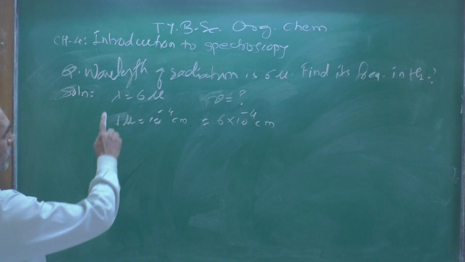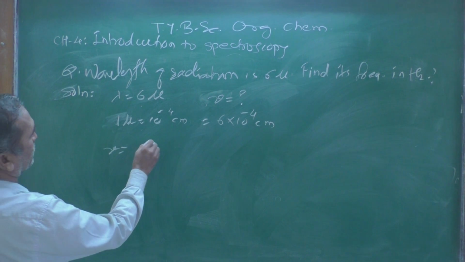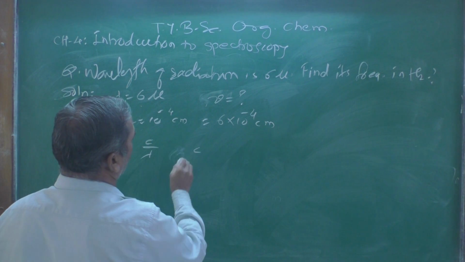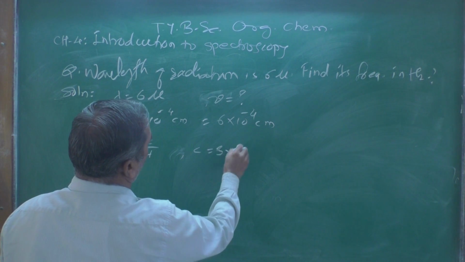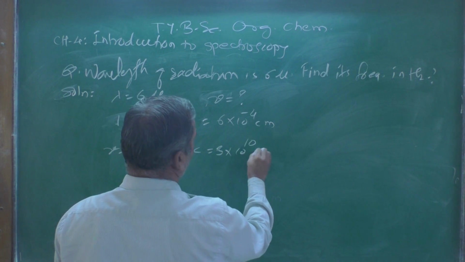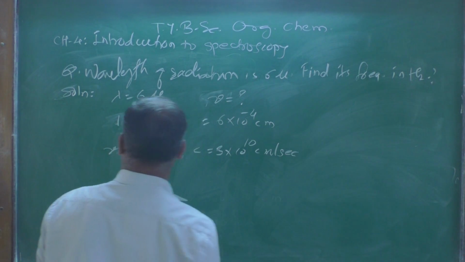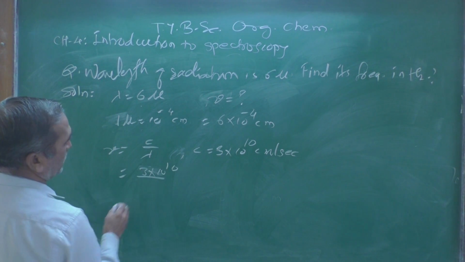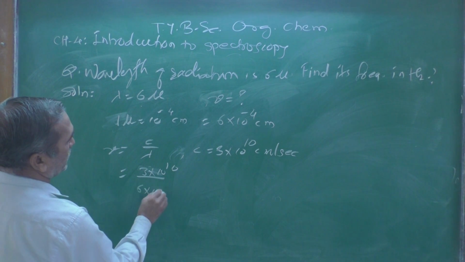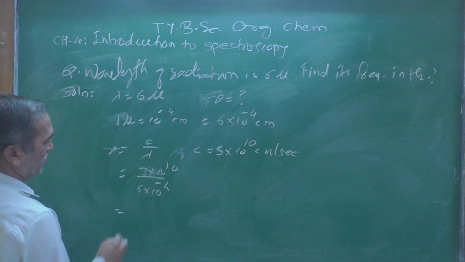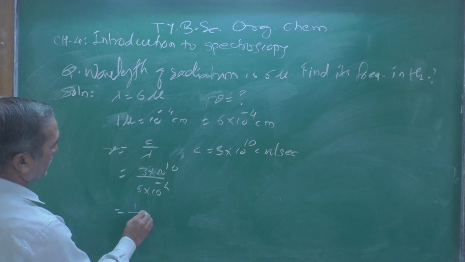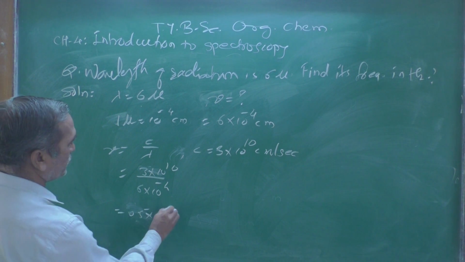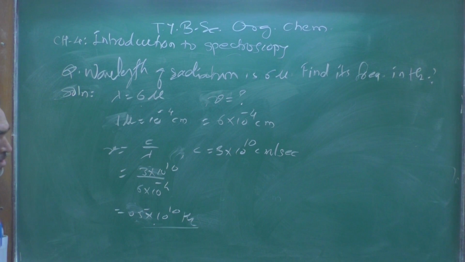Now we know that nu is equal to C upon lambda, where C is equal to 3 into 10 raised to 10 centimeter per second. Putting in the values, 3 into 10 raised to 10 divided by 6 into 10 raised to minus 4 comes to 1 upon 2, which means 0.5 into 10 raised to 10 hertz. That is the value that comes out.